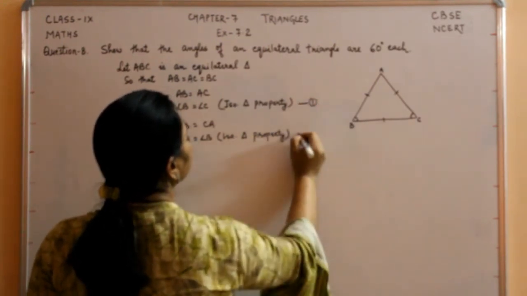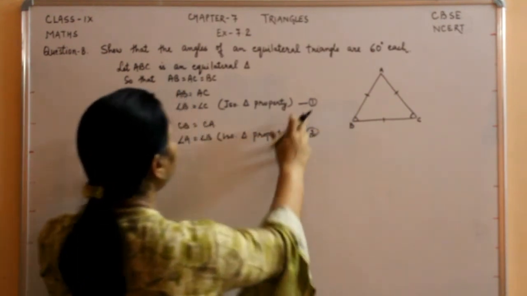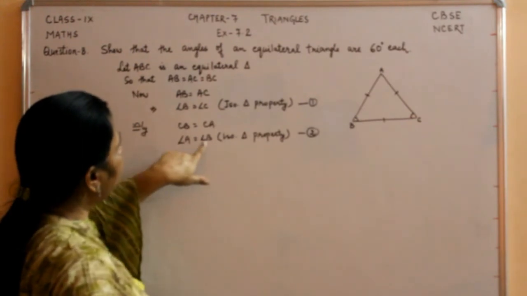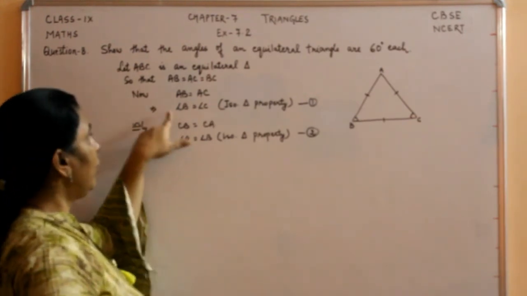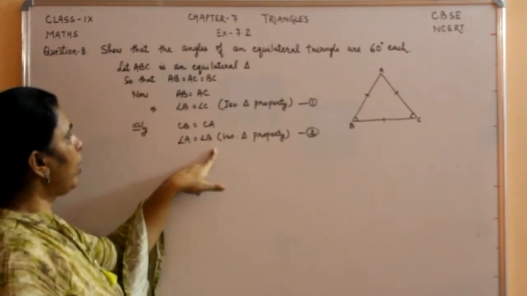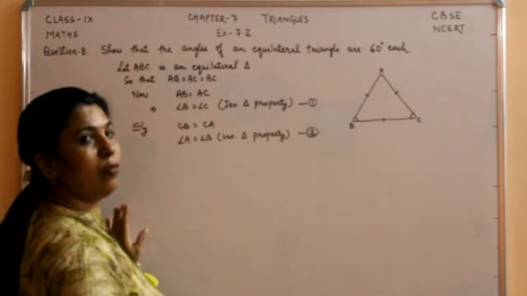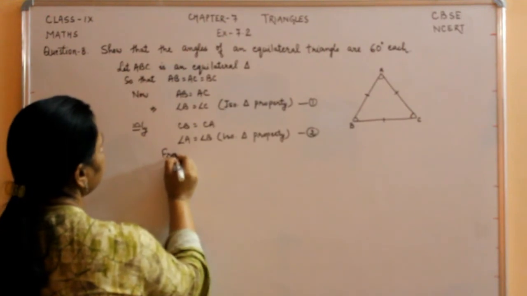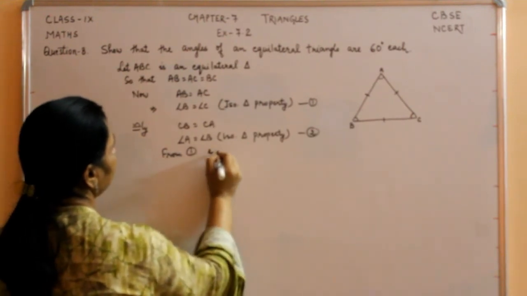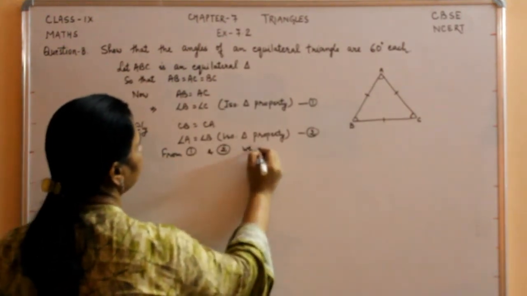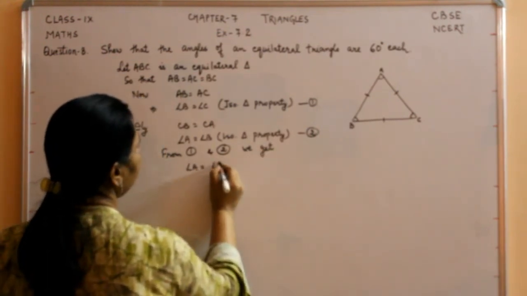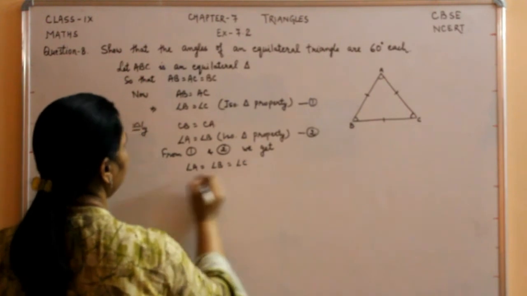Suppose this is first and this is second. So from 1 and 2 we get angle B is equal to angle C and angle A is equal to angle B. B is equal to C and A is equal to B. This means they all are equal to each other. Now from first and second we get angle A is equal to angle B is equal to angle C.